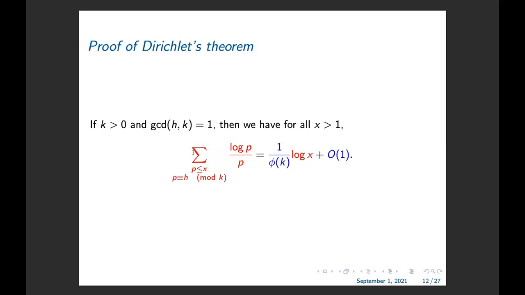And that means this sum contains infinitely many primes of the form h plus nk, right? That is, in this arithmetic progression, we have infinitely many primes. If it had finitely many primes, then this sum would be finite. Then the left hand side would be a bounded function, whereas the right hand side would be an unbounded function, which is a contradiction. So this would be infinite.